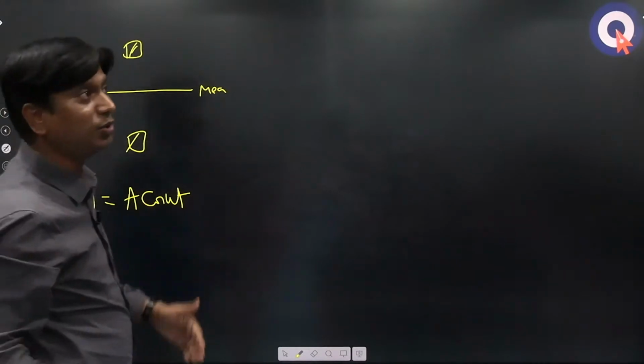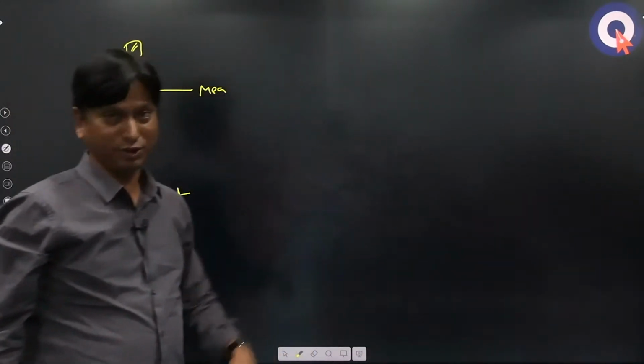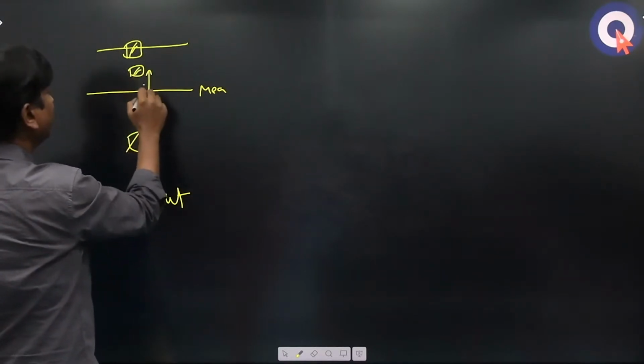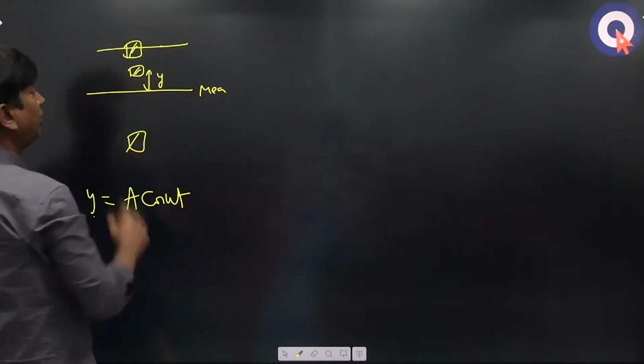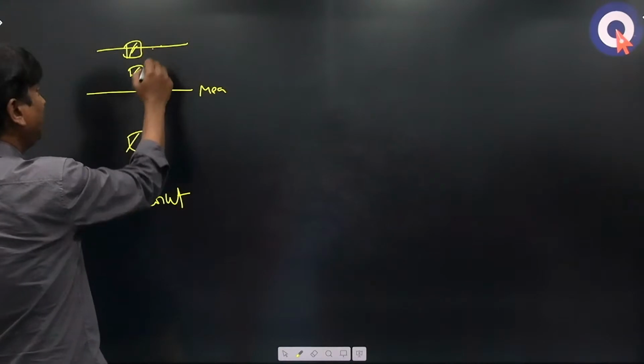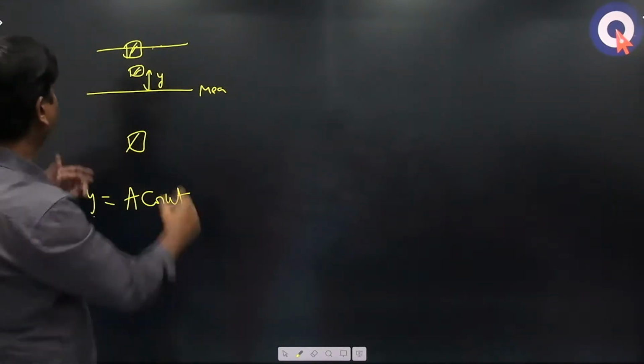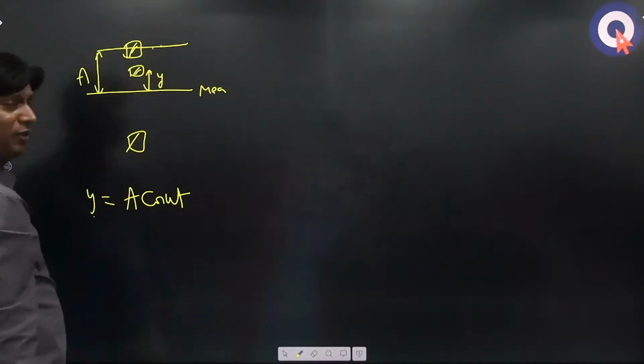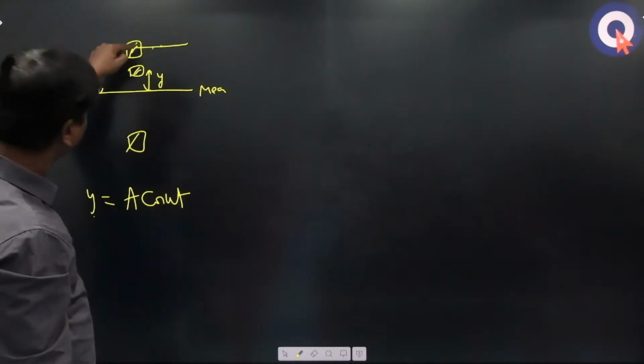But if you want to write from the extreme position, let us say the particle is here, this is y. From here I want to measure the distance. Because this is the extreme position, this will be A. So what will be the distance of this mass from the extreme position?